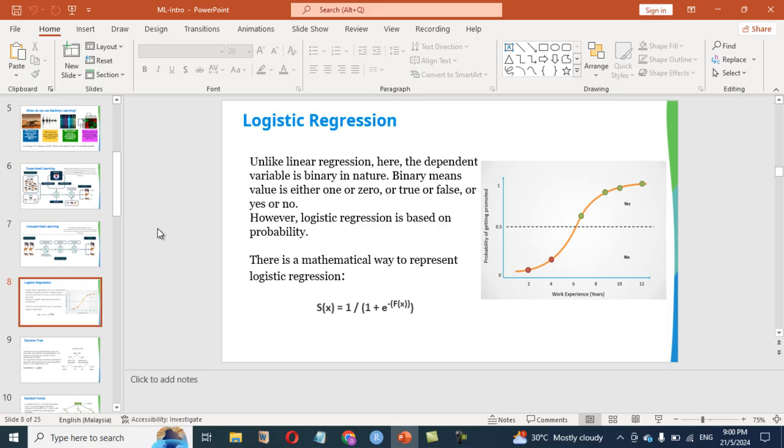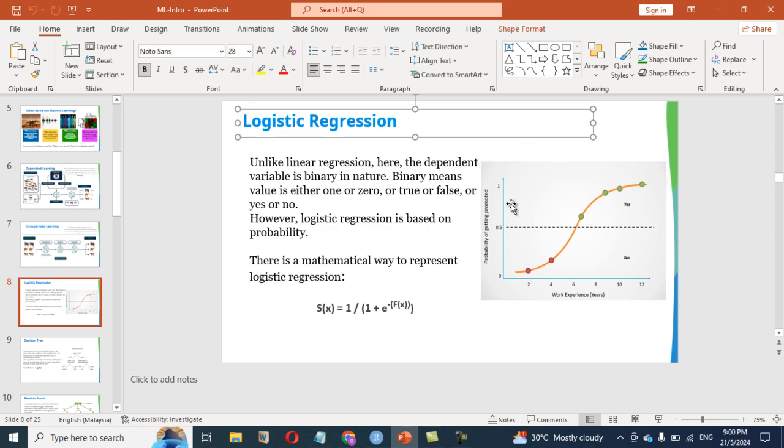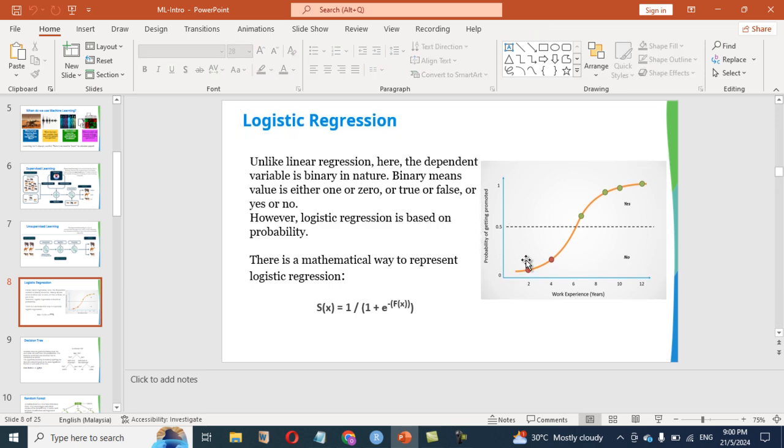All right, from the chart here, you can see this is how the curve looks like. This is the curve of regression, and this is a yes or no target variable.